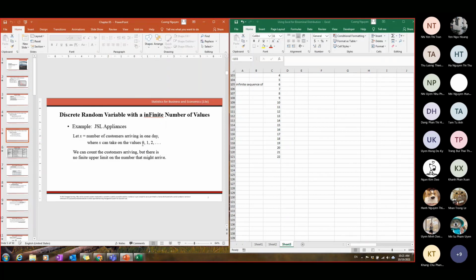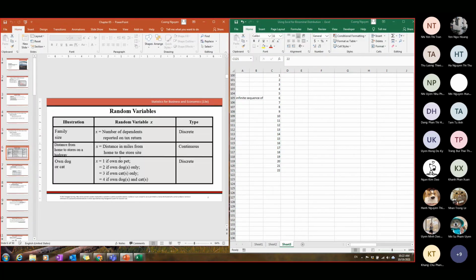So the number can be 0, 1, 2, 3, 4, 5, 20, 1,000, or even a million customer, whatever. So there are no upper finite limit for the variable. So in this case, we have the infinite number of values. But however, the value itself has to be very rounded, and this would be the natural number.